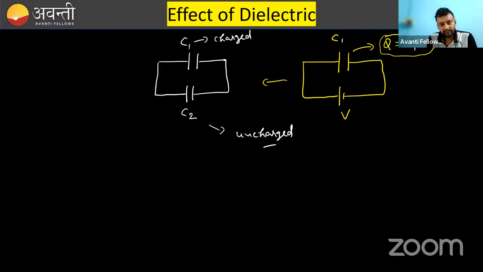Charge will be transferred from the first capacitor to the second until, mark my word, until the potential of both the capacitors becomes equal.